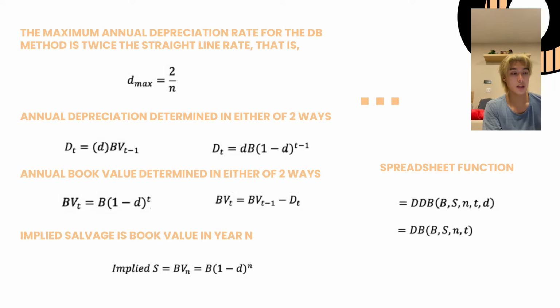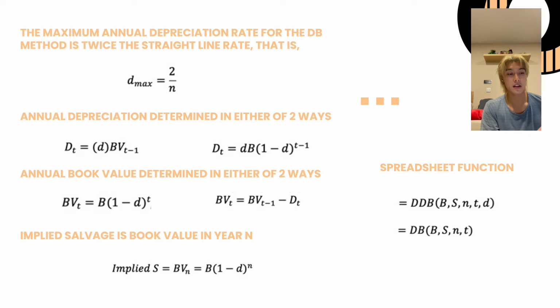The implied salvage value after n years is the BVn amount. That is, implied S equal to BVn equal to B multiplied by (1 minus D) powered by n. The estimated S value is not considered in the DB or DDB methods to compute annual depreciation if a salvage value is estimated for the assets.